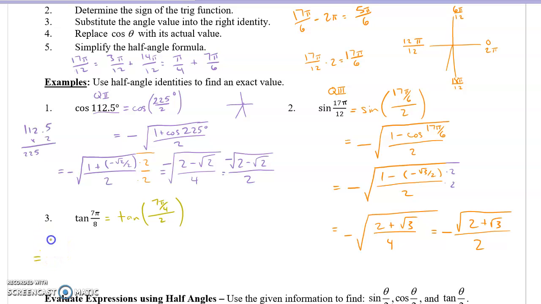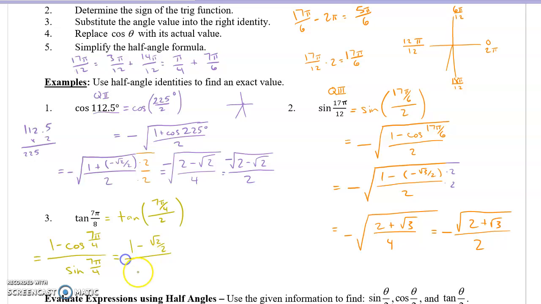So I like to use the 1 minus the cosine for the numerator and then the sine on the denominator, because then we keep our denominator simpler. So 7 pi over 4 is our theta value; our theta over 2 value that we care about is 7 pi over 8, but we're going to do the work with the 7 pi over 4. And the cosine of 7 pi over 4 is root 2 over 2.